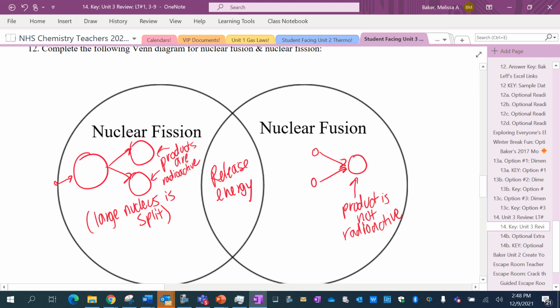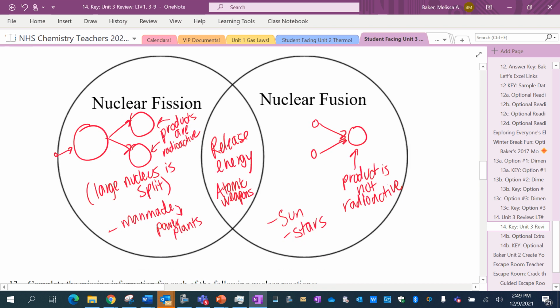Maybe you said nuclear fusion happens in the sun and the stars. Nuclear fission is man-made. We use this in power plants, atomic weapons, although both are used in atomic weapons. They have not quite figured out nuclear fusion power plants yet.